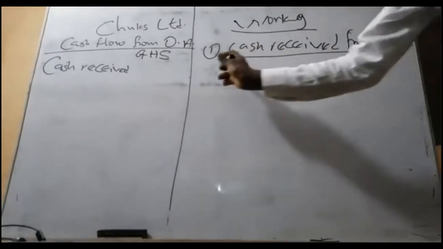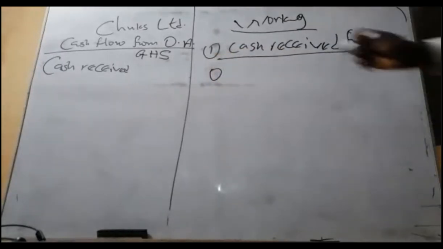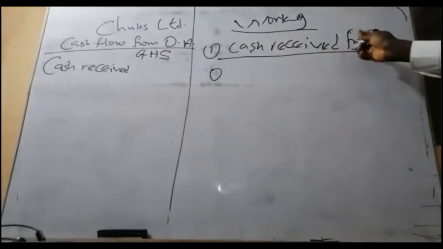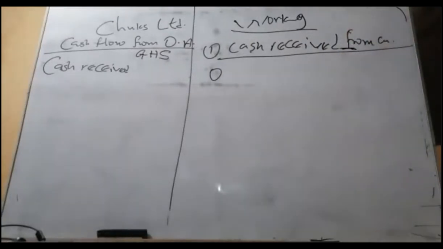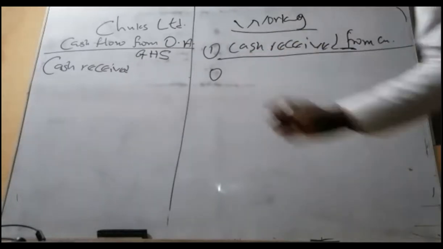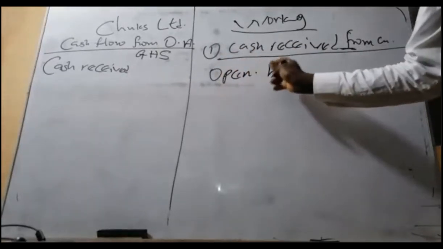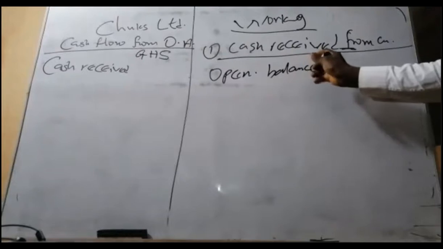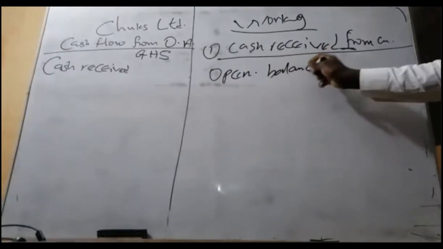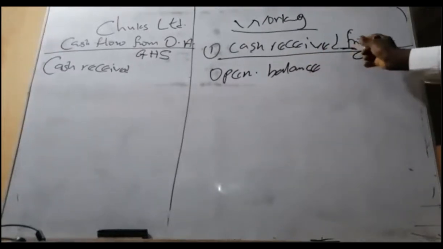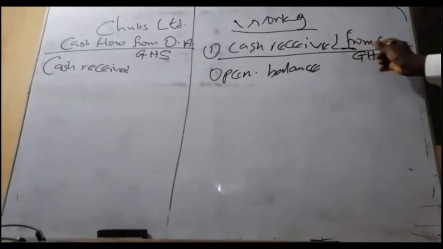So first, open balance. Now, cash received from customers. Which balance in the financial statement does it relate to? It relates to receivables because your customers are receivables, right? Or debtors. So get the open balance of receivables.